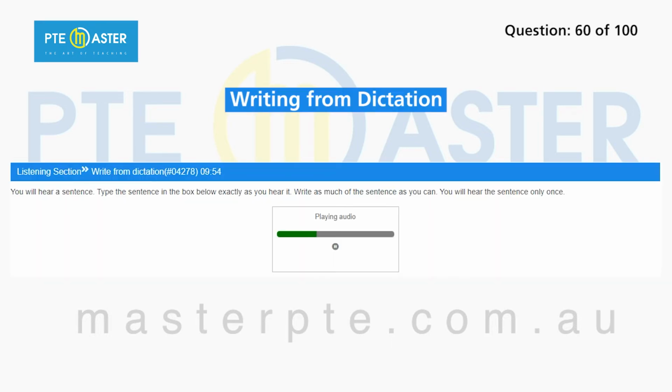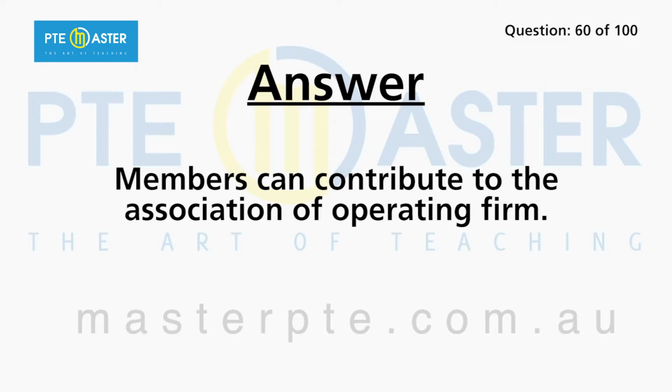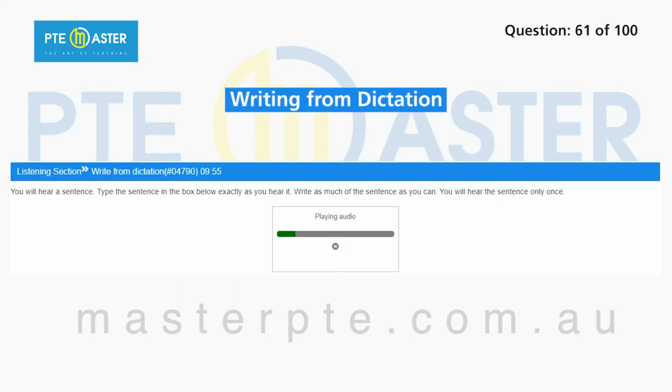Members can contribute to the Association of Operating Firm. Companies' projects must adapt to the General Data Protection Regulations.